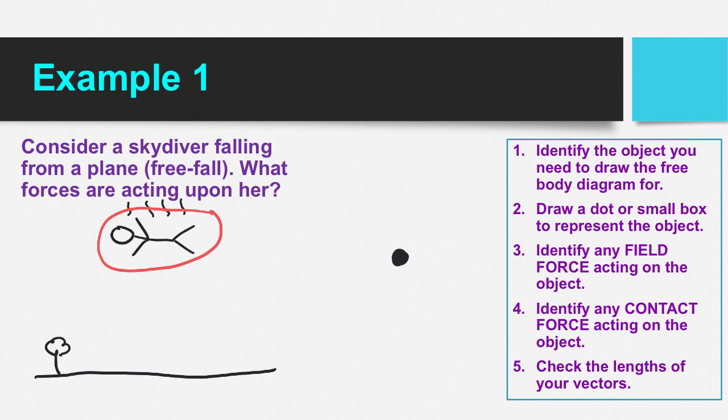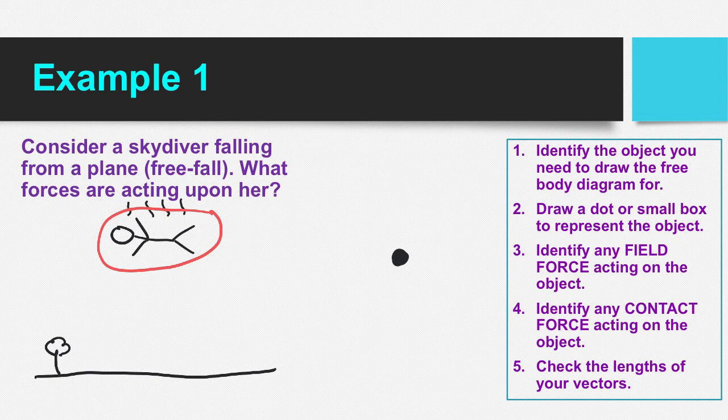Number 3, identify any field force acting on the object. Okay, now the only field force that I have to ask myself about is gravity. Is gravity affecting her? Well, sure, yes, absolutely. If so, what direction is gravity pulling or pushing her in?